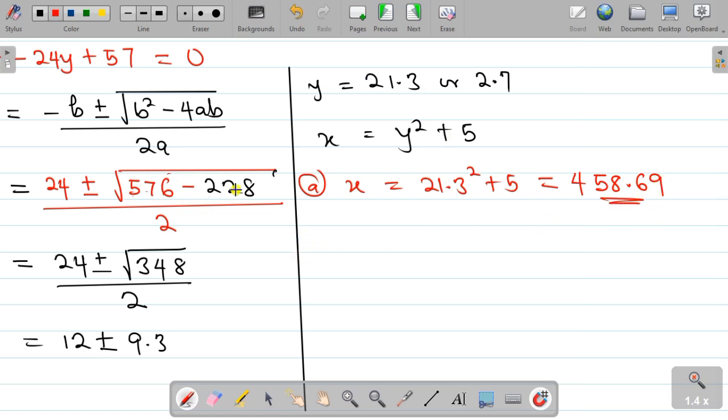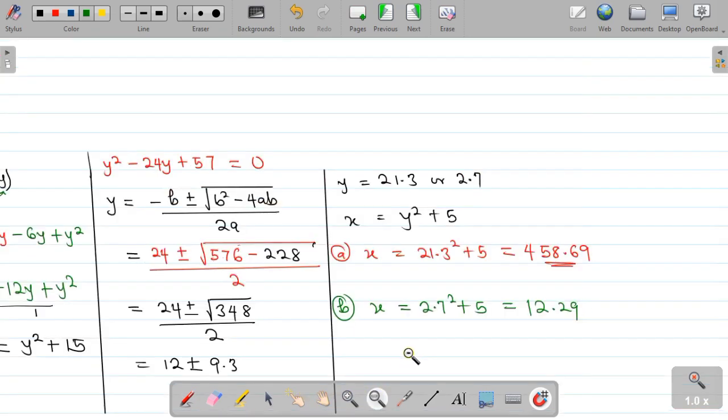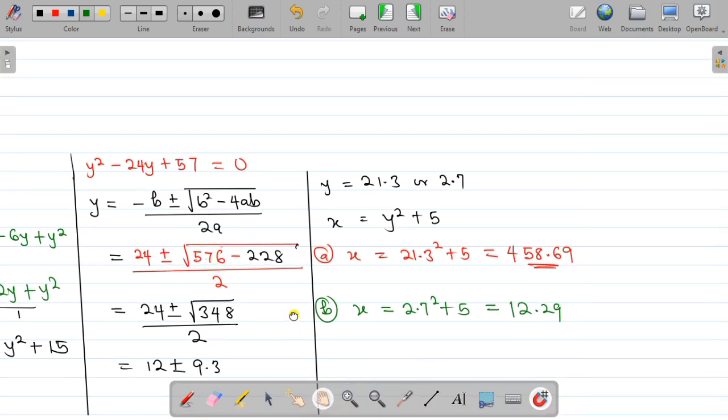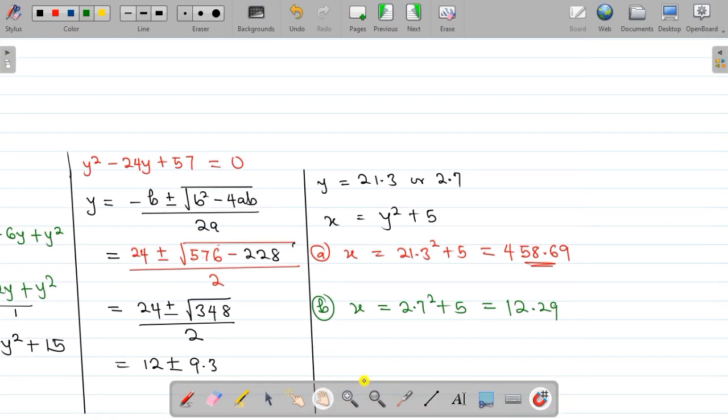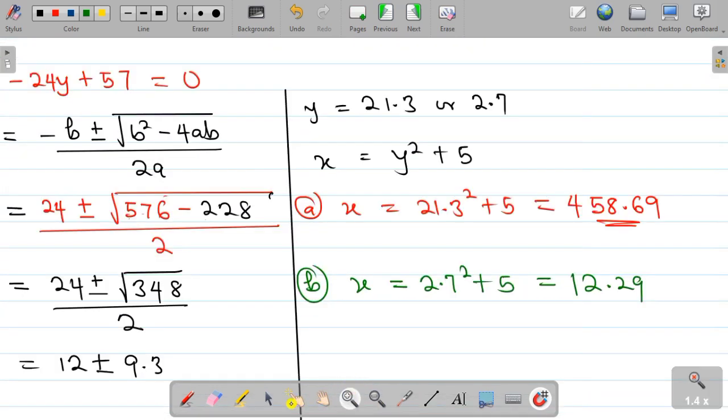The second case is when we use 2.7. So our x in that case is 2.7 squared plus 5, which is equal to, okay, but before we make a conclusion, it will be nice that we verify what we have done to be sure that it is okay.